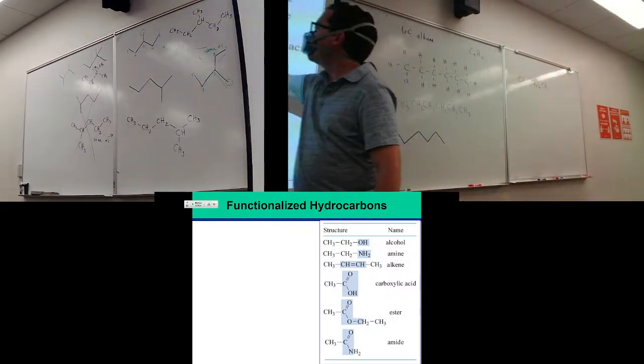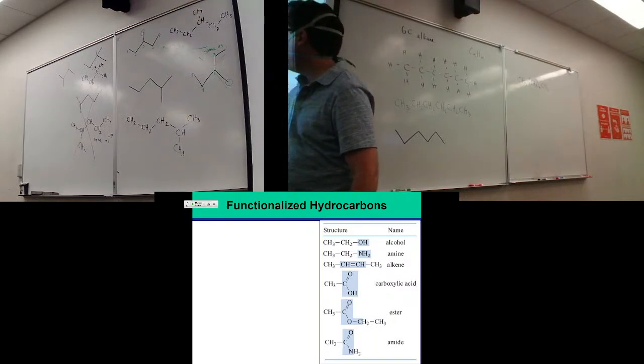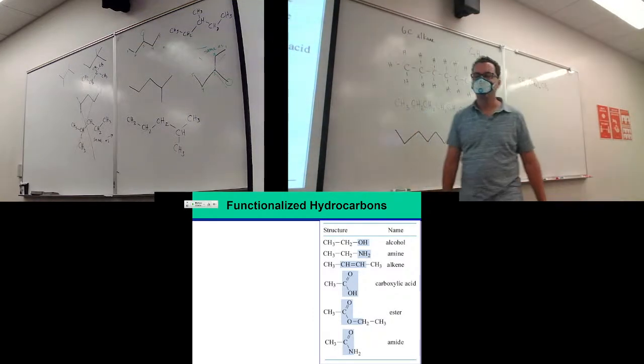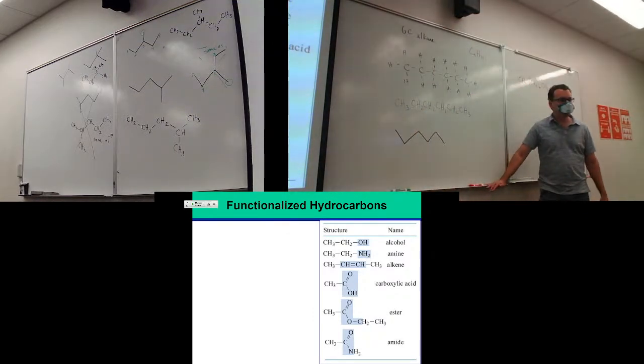So what if you took that H off of the O and replaced it with more carbons? This is what is known as an ester. Esters are fun because in food chemistry, this is where all of the nice smells and flavors come from.